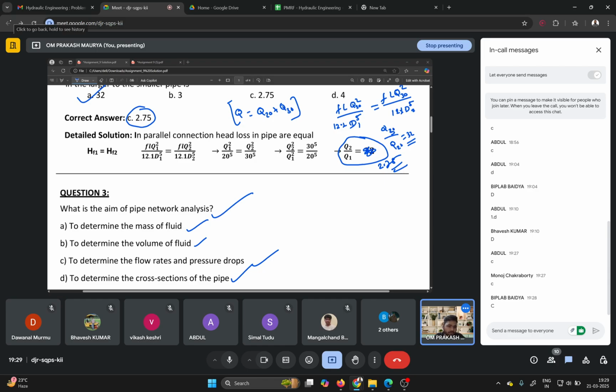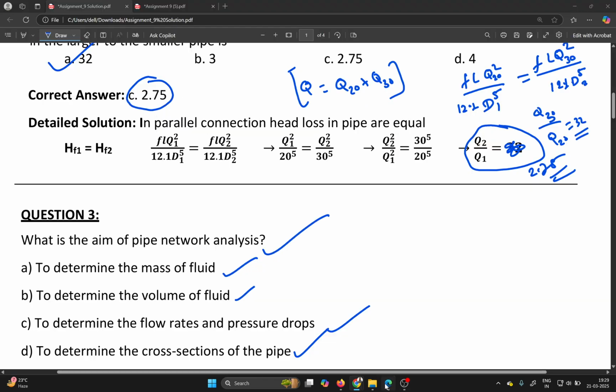Okay. So Vedya is also telling C. What is the aim of pipe network analysis? Yes, you all are correct.